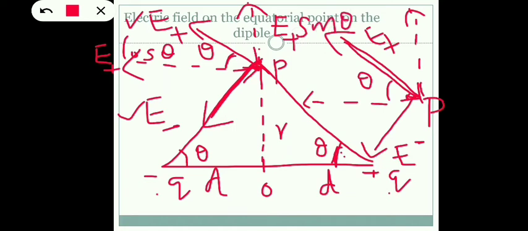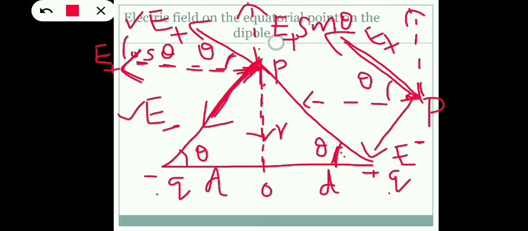Okay. Now, similarly, we can resolve this E minus into two perpendicular components. How can we resolve E minus? Yes, this is one component. And again, the vertical component is acting in this direction and the horizontal component will be acting along the same direction, like this.